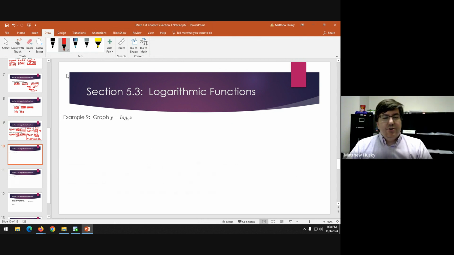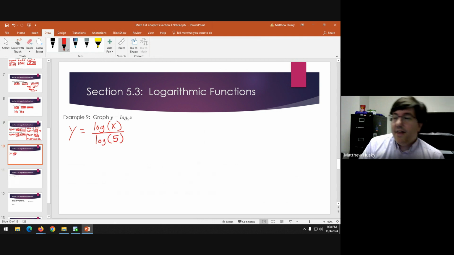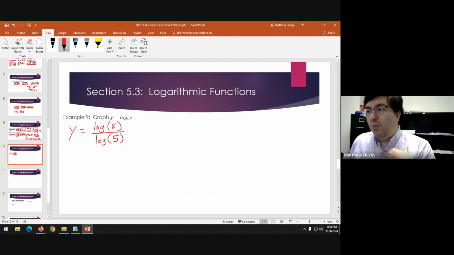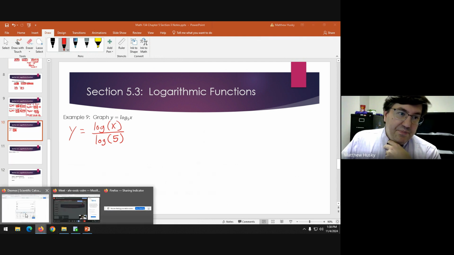If I'm going to graph log base 5 of x, I would need to do y equals log of x divided by log of 5. I'm going to use change of base, and that will let me graph a base of a log that's not one of the standard ones that comes automatically with my calculator.